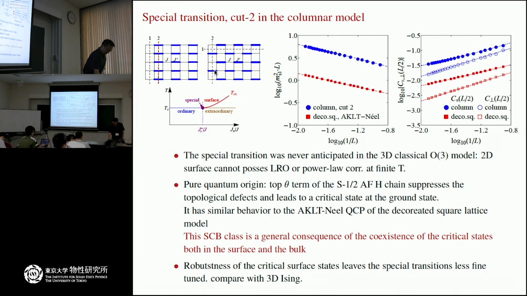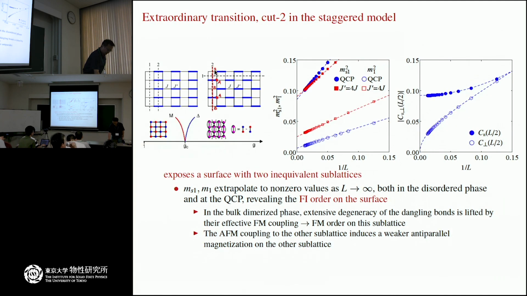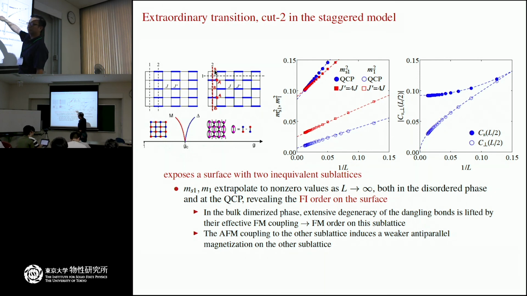So now I come to the last cut that we cut here. This cut exposes a surface with two inequivalent sublattices. So we have sublattice A and sublattice B. Because of the strong bond in between, the degeneracy of the dangling bonds is lifted.